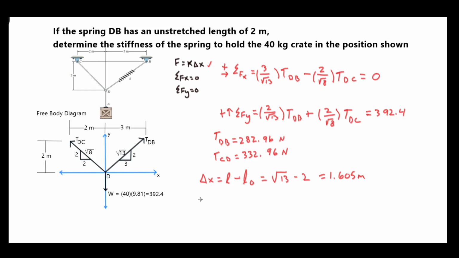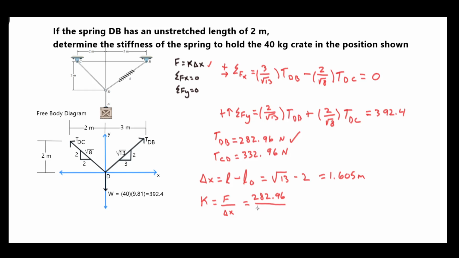So now that we have this delta x value, we just need to solve for k. So we can rearrange this equation by making it force over the stretched length of the spring. Then we'll use this force value that we got here and plug it into our numerator. So it's going to be 282.96, and then we'll use this stretched spring length here.